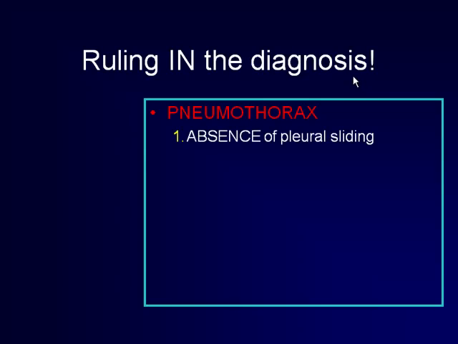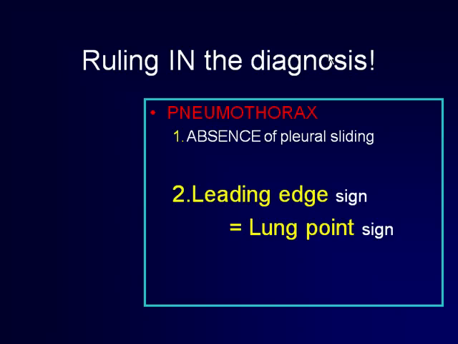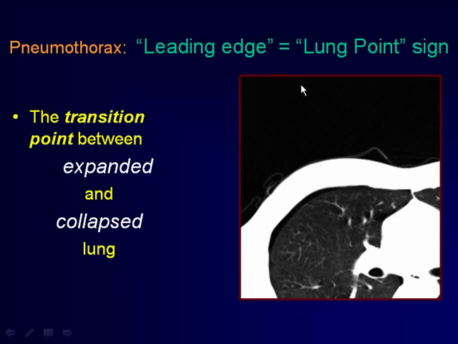So the second way that we can actually rule in pneumothorax, identify it positively, is by identifying the leading edge or the lung point. The lung point or the leading edge is that spot of the lung which makes the transition between expanded lung, which would be over here, and collapsed lung.